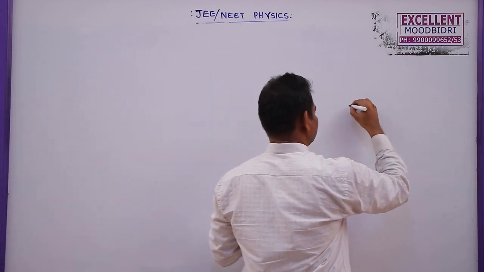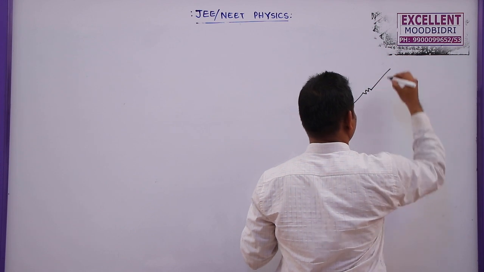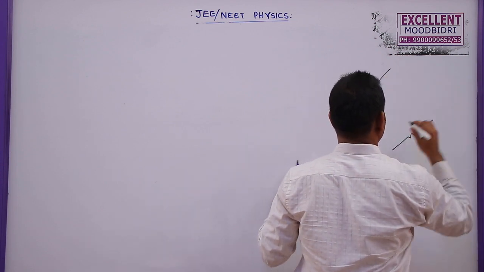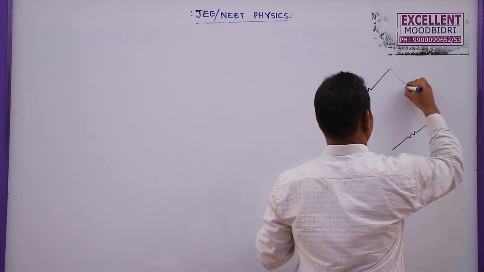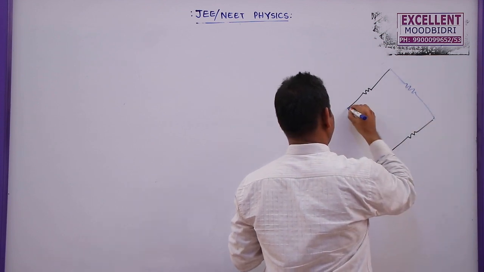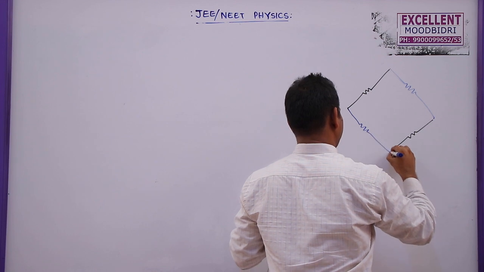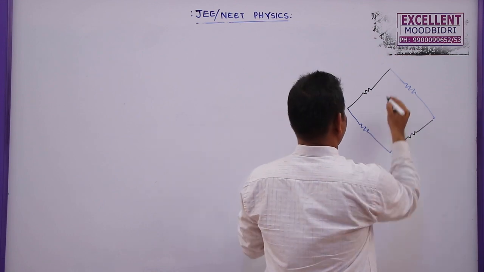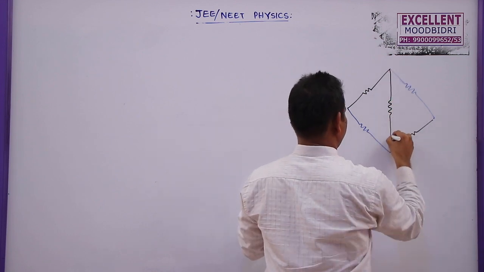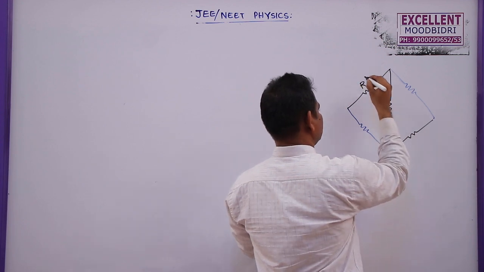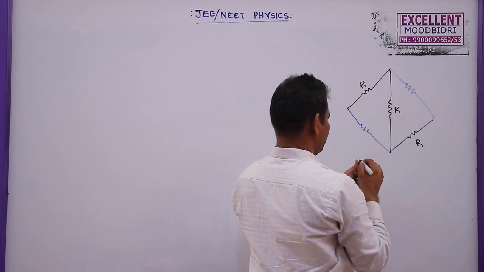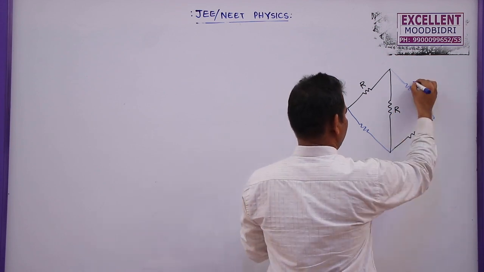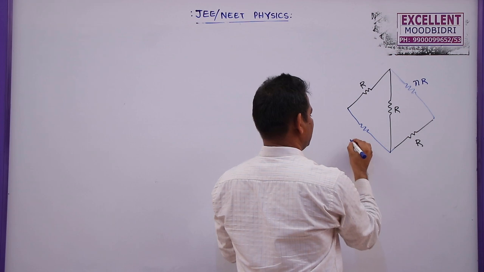Suppose there is a Wheatstone bridge like this, this is R, and this is also R, intermediate, but this is NR, N times the resistance of this one.